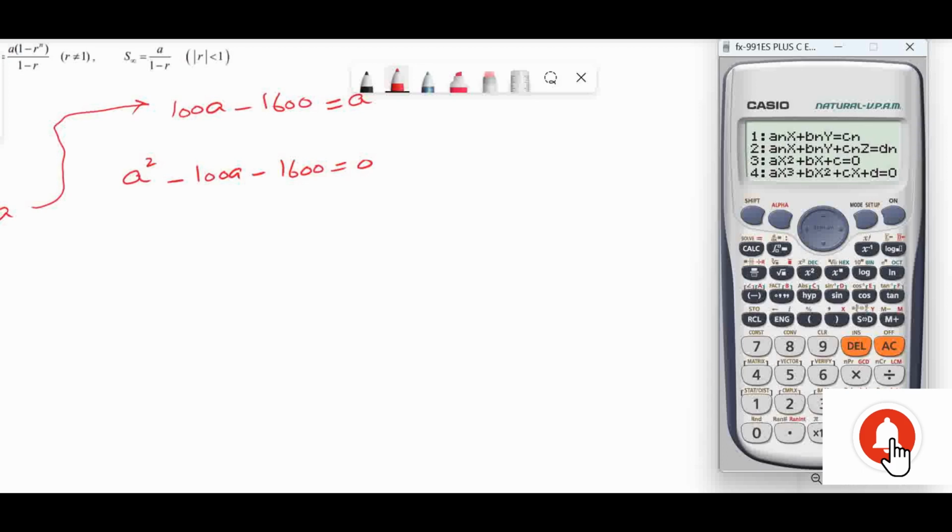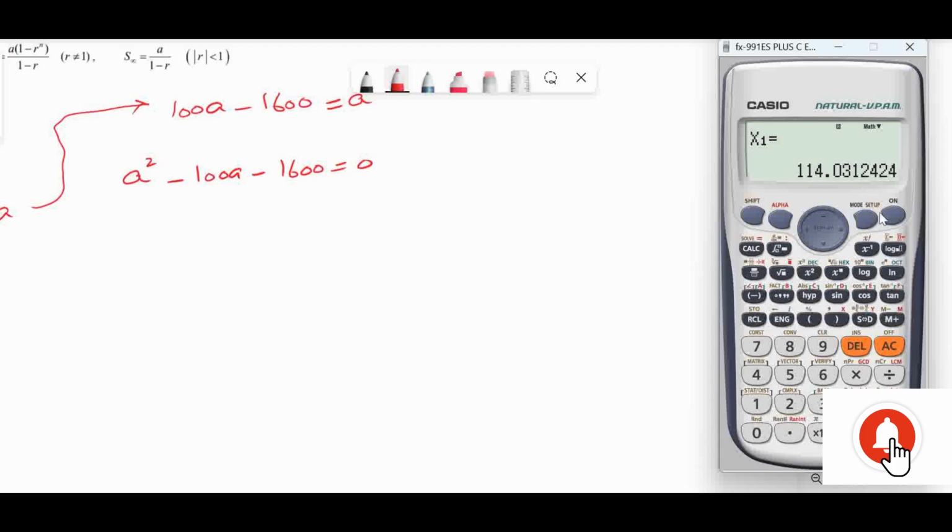The value of A is 1, the value of B is minus 100, and the value of C is minus 1600. This will be equal to 114.